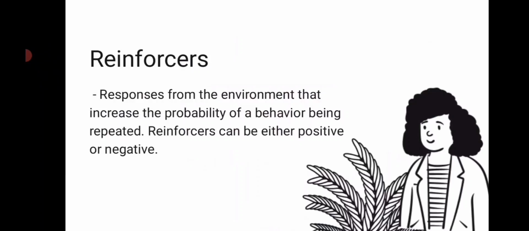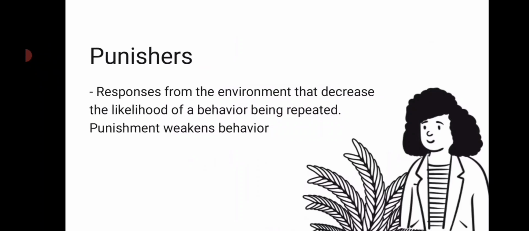Reinforcers are responses from the environment that increase the probability of a behavior being repeated. Reinforcers can be either positive or negative. Punishers are responses from the environment that decrease the likelihood of a behavior being repeated. We all know that punishment weakens behavior.